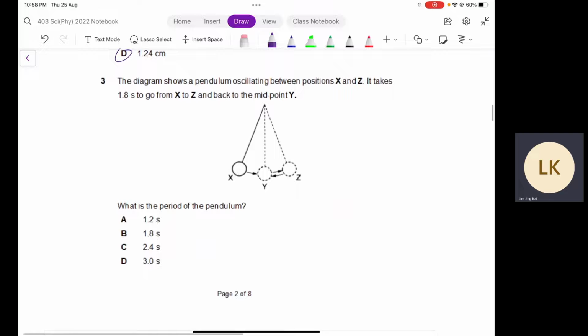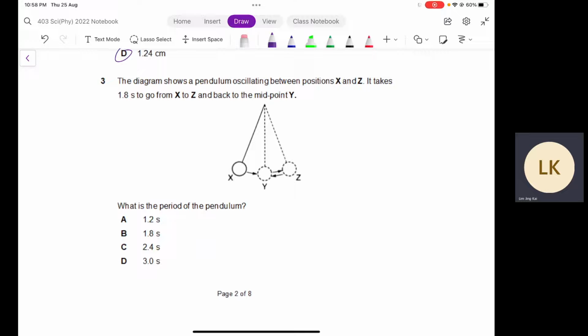Question 3. The diagram shows a pendulum oscillating between X and Z. It takes 1.8 seconds to go from X to Z and back to the midpoint Y. What is the period of the pendulum?